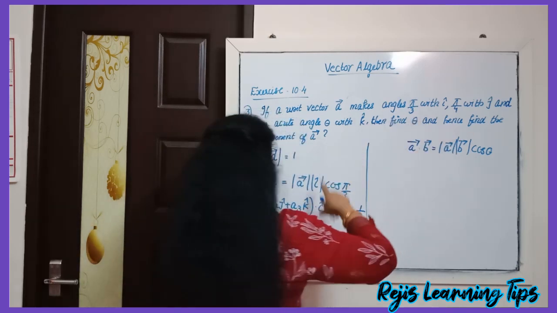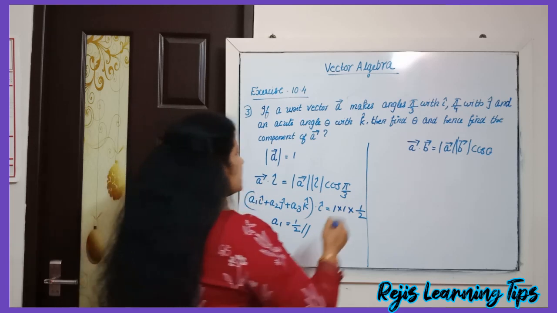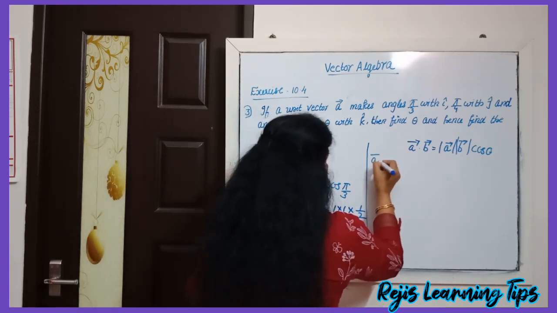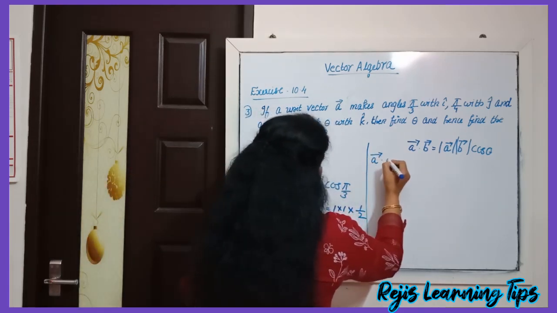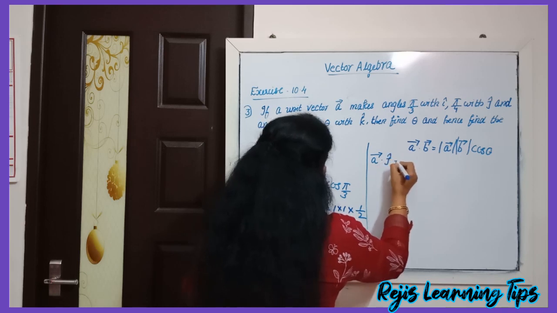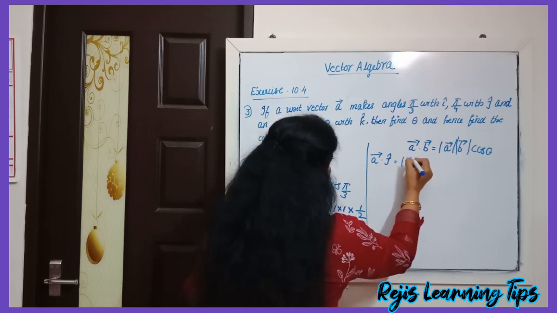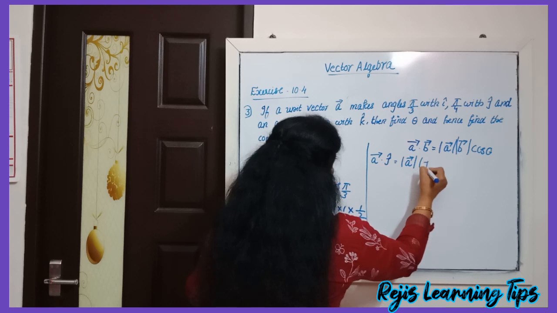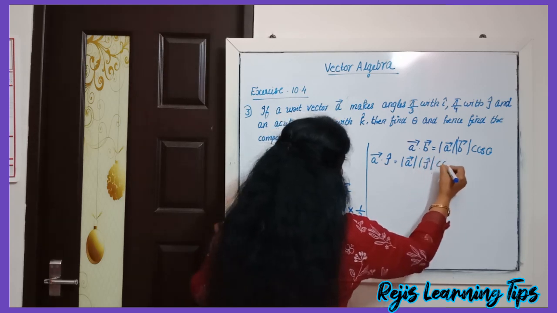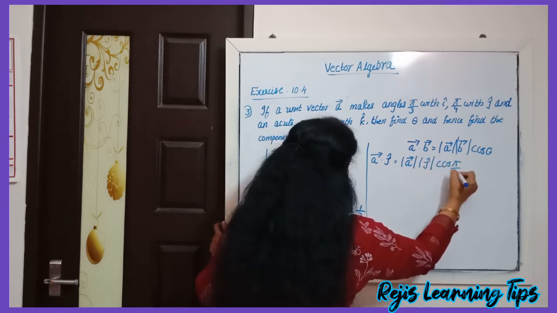Then next, pi by 4 with J. Same like this, we should write there vector A dot J cap is equal to modulus of vector A, modulus of J cap, cos pi by 4.